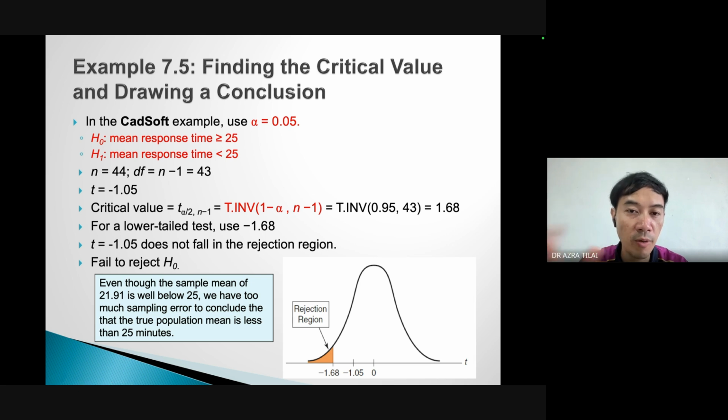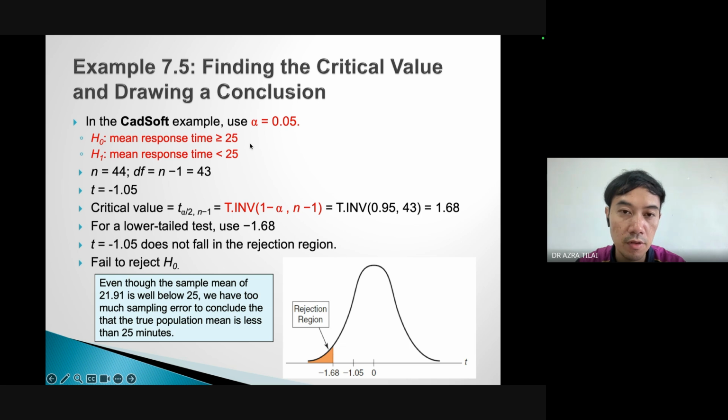Inverse is berlawan. So once you put your null hypothesis as more or equal to 25, then the alternative should be less. When it is less, it is on the negative side of this normal distribution curve, so you shade the left hand side, the left tail.